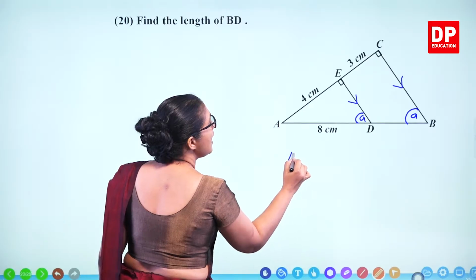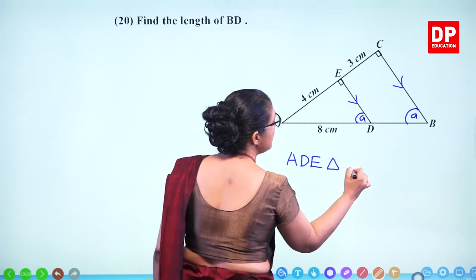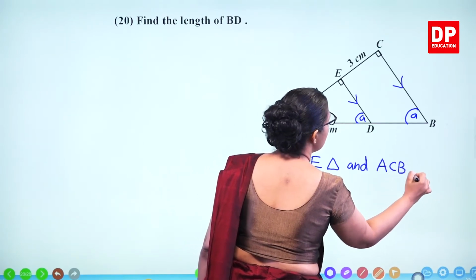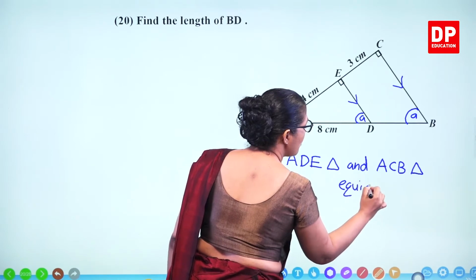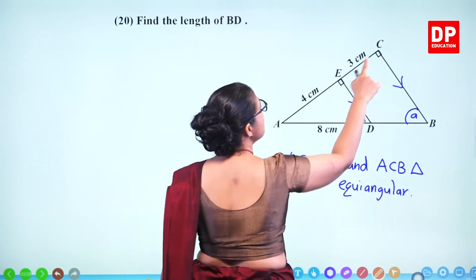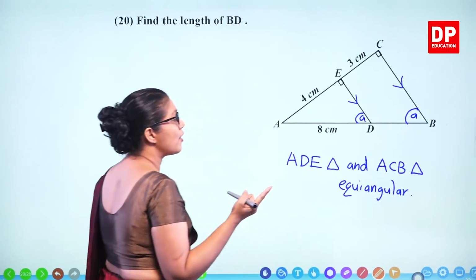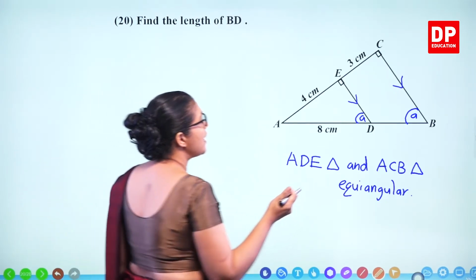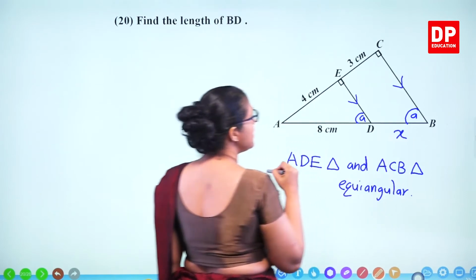So triangle ADE and triangle ACB are equiangular. 90 degrees, 90. This A is common. A and A. Equiangular triangles. The ratios are the same. So we can take Y or something, X we'll take.